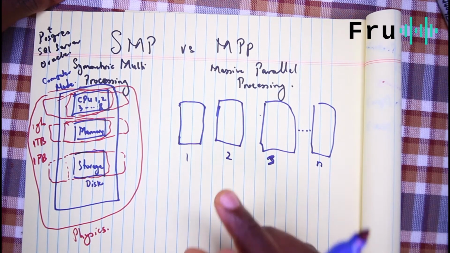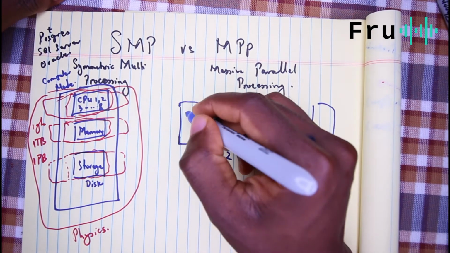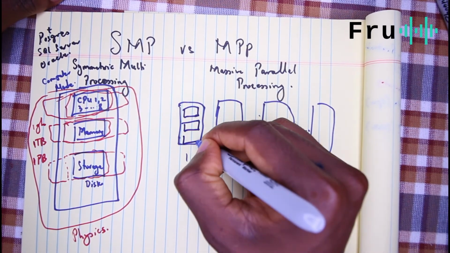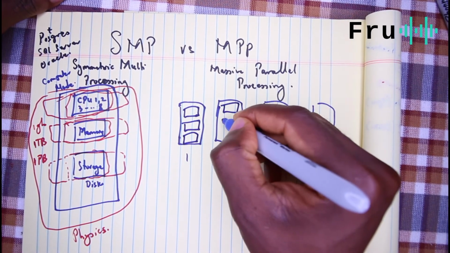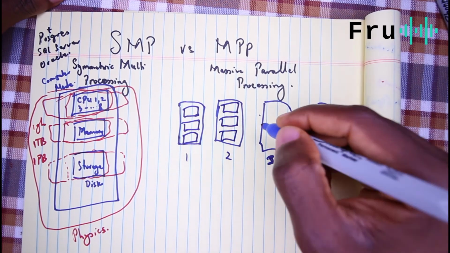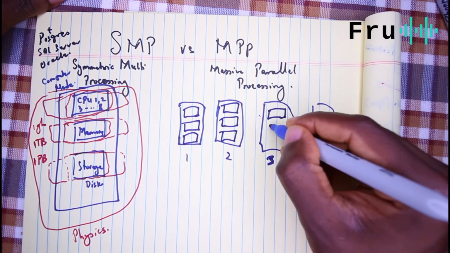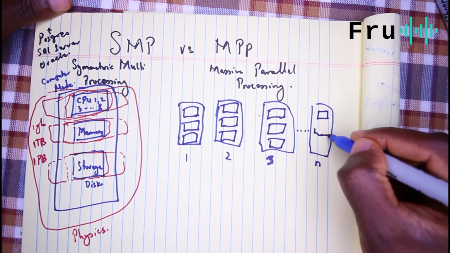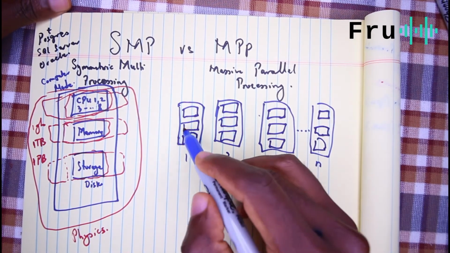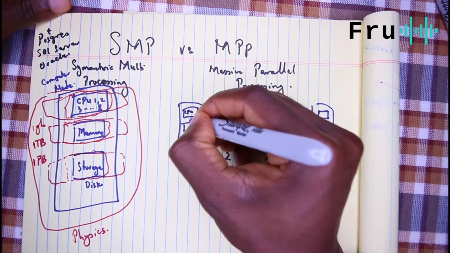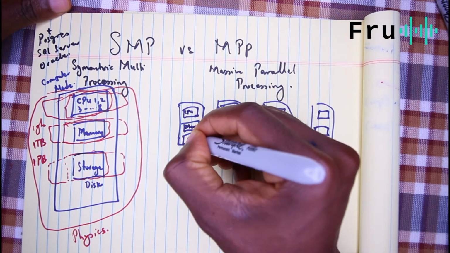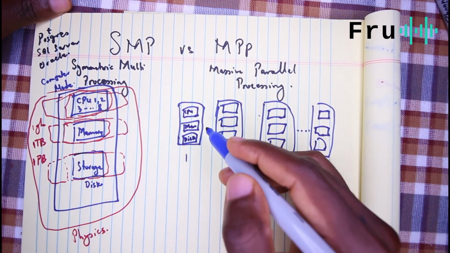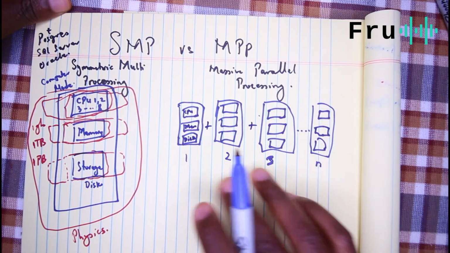Within each of these small boxes, we give it a CPU, a memory, and a storage. Each of those boxes would have a CPU, memory, and disk, and you add this to all the boxes.